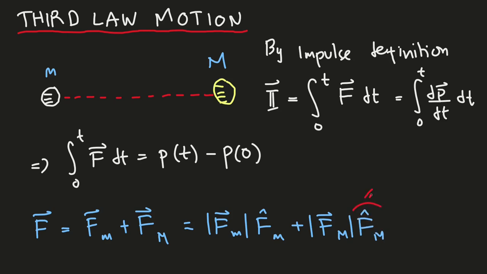And by the interaction, we know that each interaction has a different direction but the same magnitude for both forces. That's the essence of the third law. So we will get the final result that the total force is equal to the 0 vector.